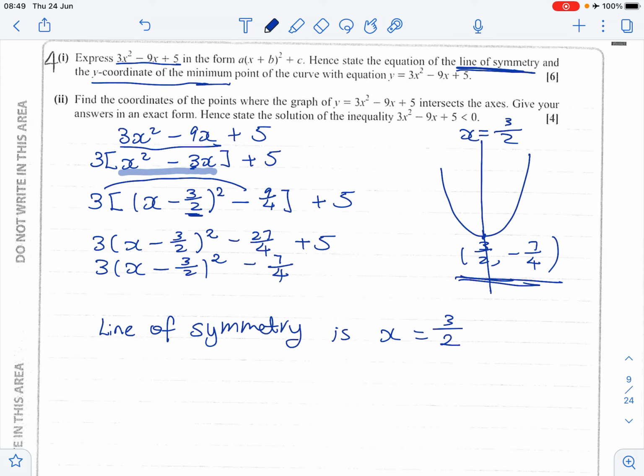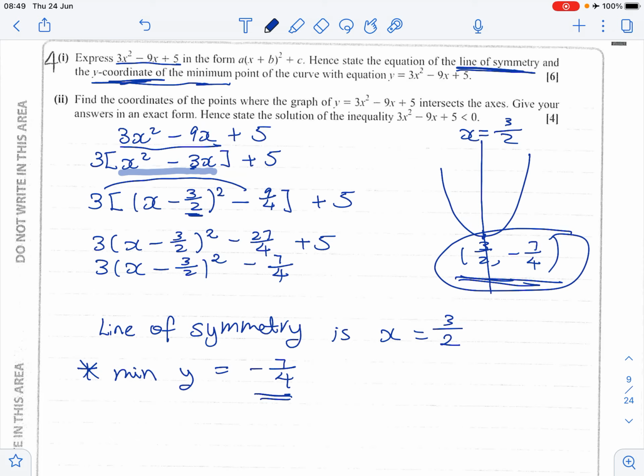You must write down the y coordinate. So you must write the minimum y coordinate is equal to minus 7 over 4. Please make sure if it asks you to write down the y coordinate of the minimum point, you must write minimum y equals your value. If you just write down the coordinate, you're not going to get the mark.